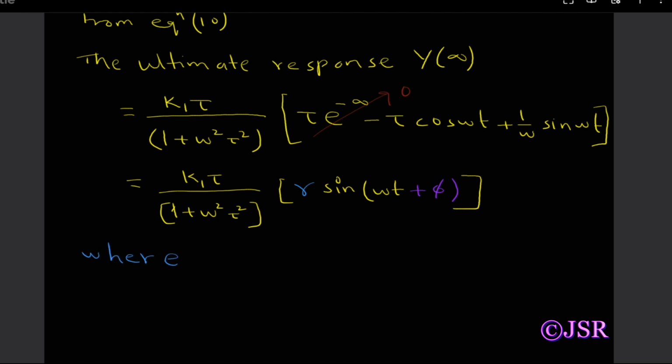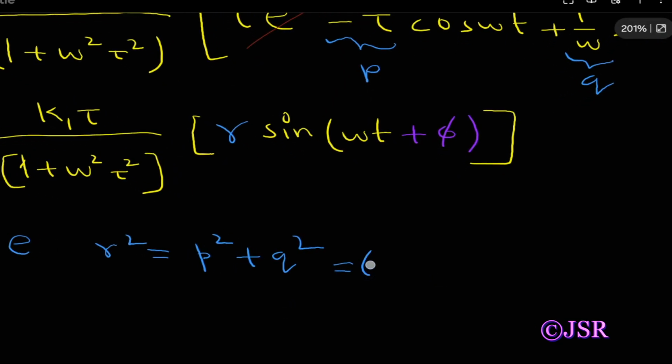So where r square will be, so let's say this is p square plus q square, right? And this is p and this is q.